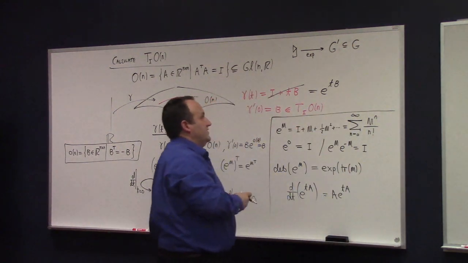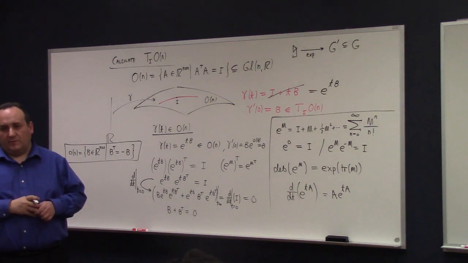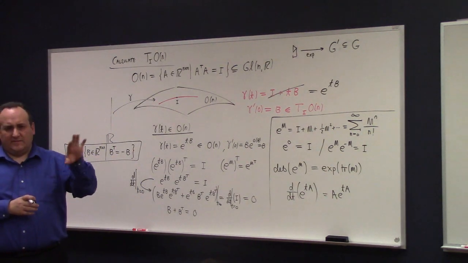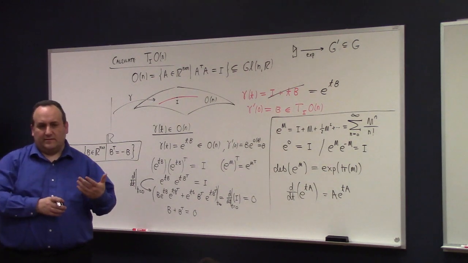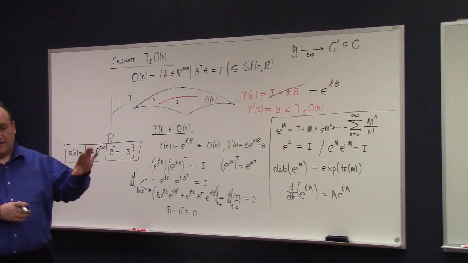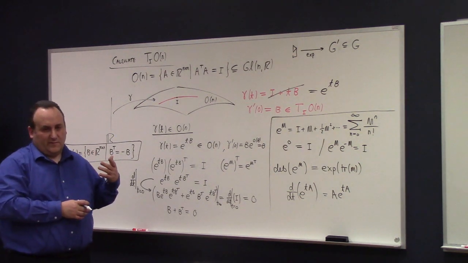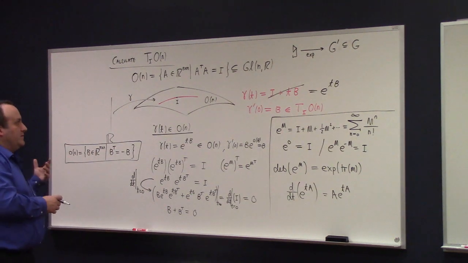So the exponential doesn't have to be onto the Lie group, but it will at least map to the identity and to stuff close to the identity. And the image of the exponential can be used to generate the connected component of the identity that we talked about before. But it won't generate the other part.